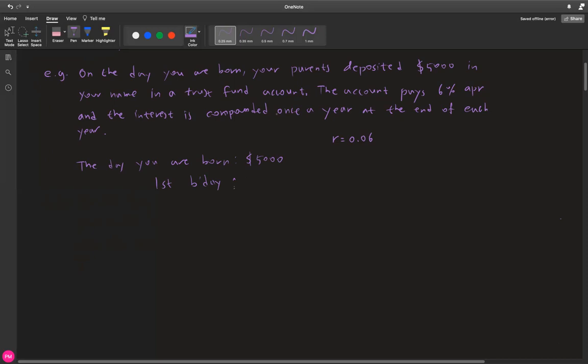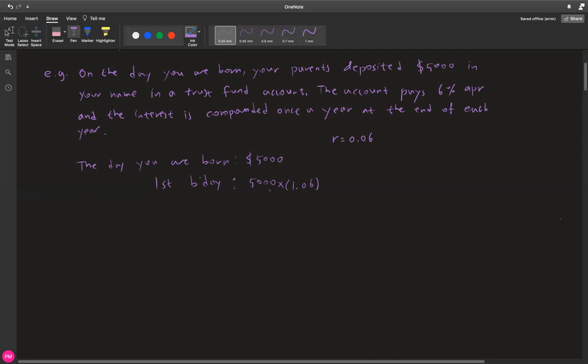So this is very similar to exponential growth model because it's increasing by 6% for each year. So after 1 year, you should actually have $5,000 multiplied by 1.06 because it's an exponential growth model. Or in other words, this is a 6% growth from $5,000.